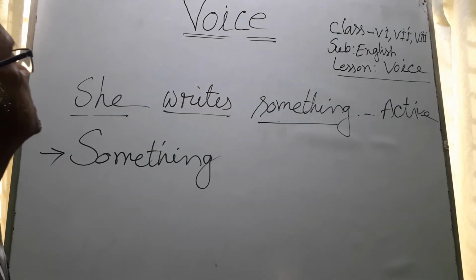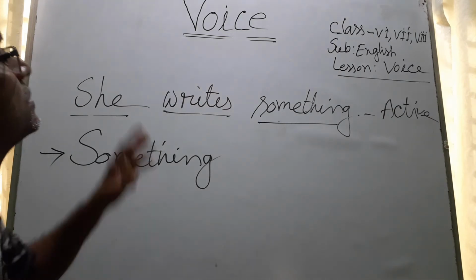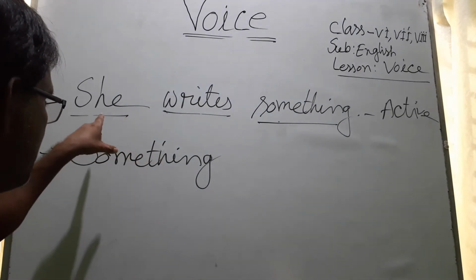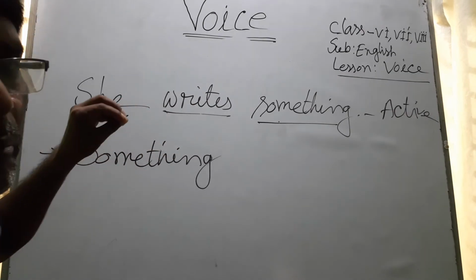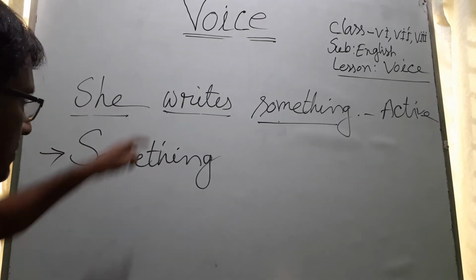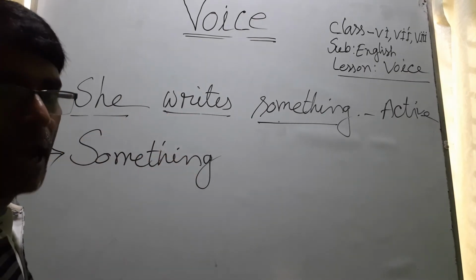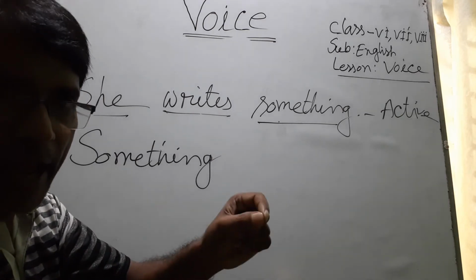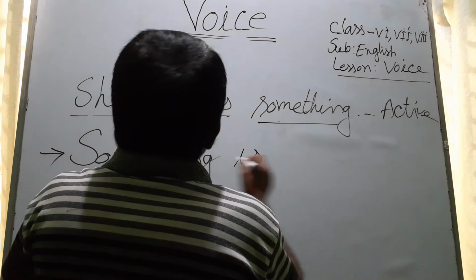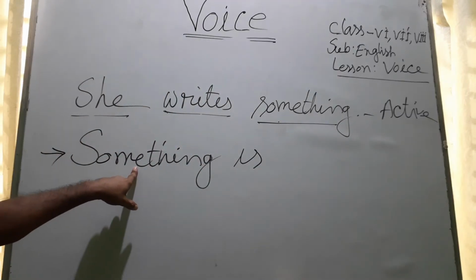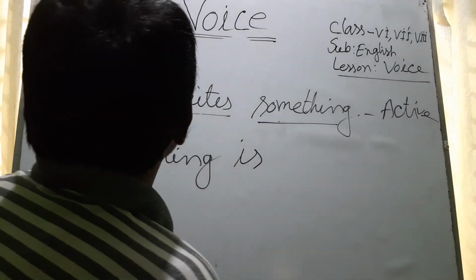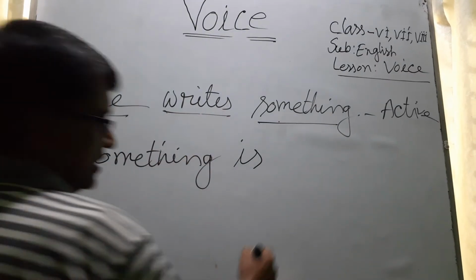And these auxiliaries should be written according to the subject's number and person. Here something am, is, or are. From am, is, or are we should write something is, because something is third person singular number. Something is. Now main verb, written.